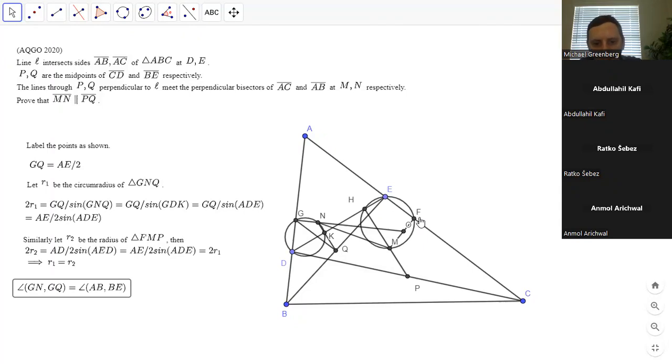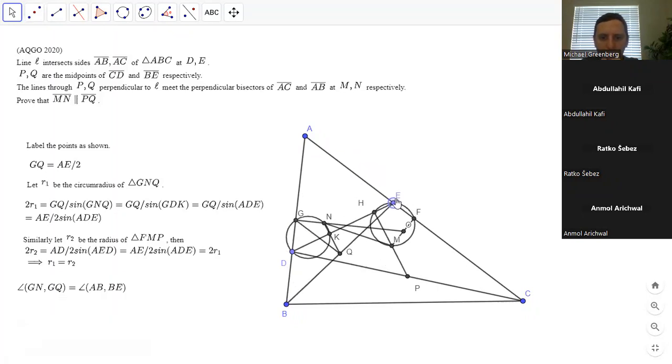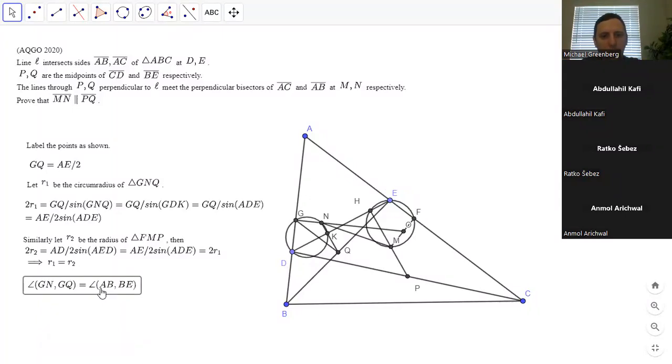And both of them are 90 minus A, so we are done. But these CD and BE aren't altitudes. So BE and CD don't have to be altitudes, which is why I'm confused here. So yeah, maybe I'm missing something.